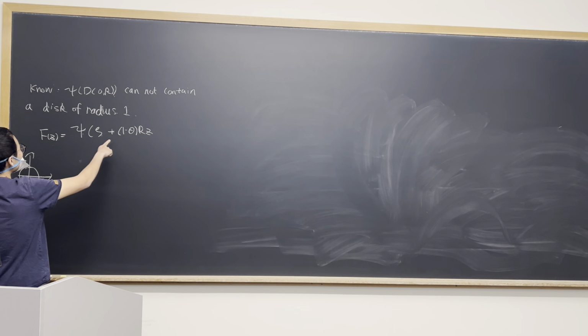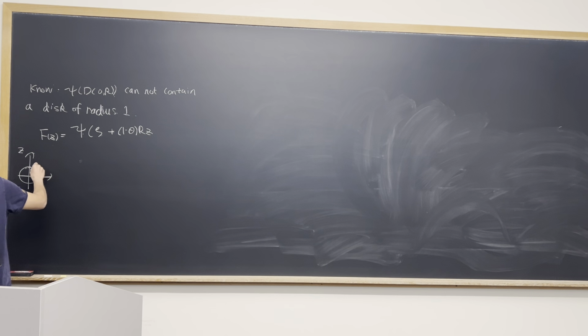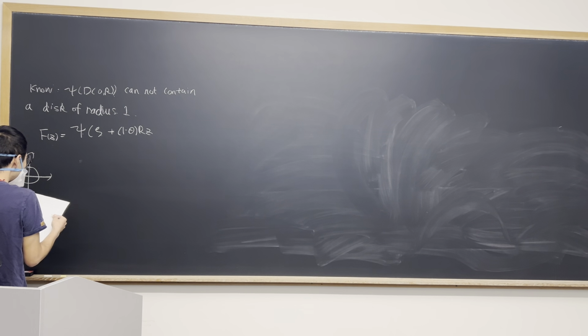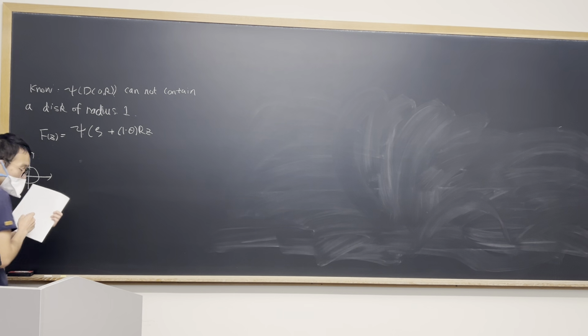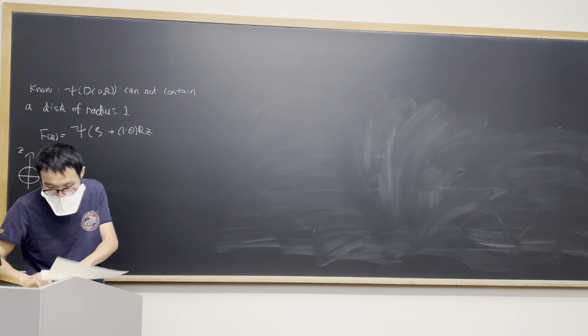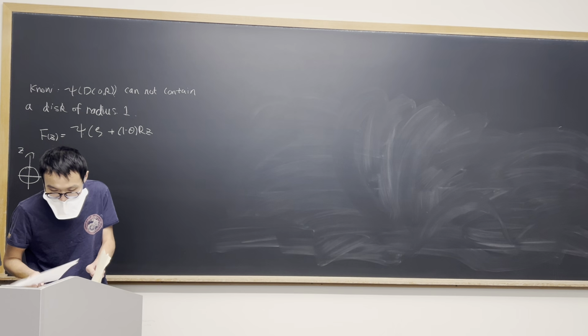When you dilate, the radius becomes, I'm not sure, bigger or smaller, but it doesn't matter. This r is arbitrary, right? There is no restriction on this r initially.